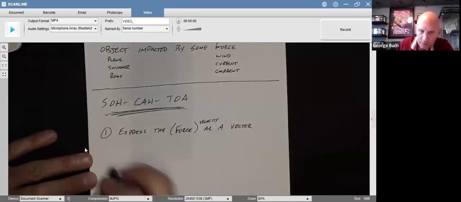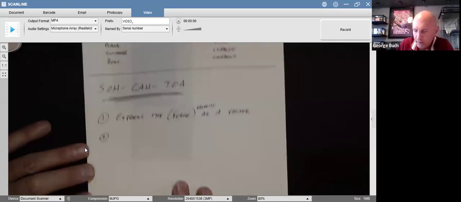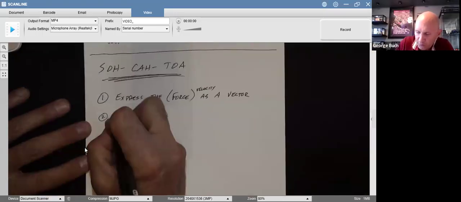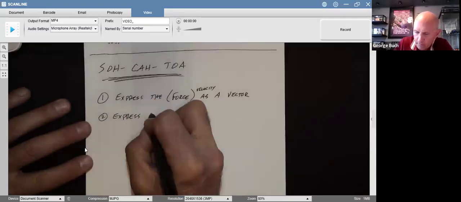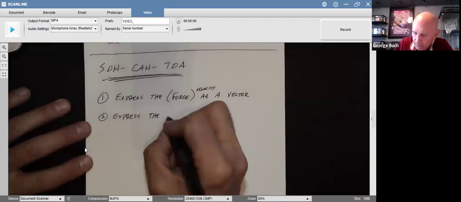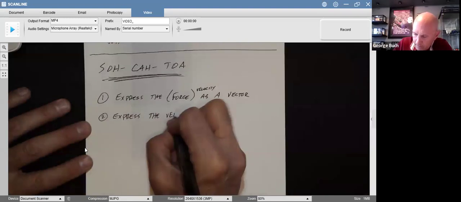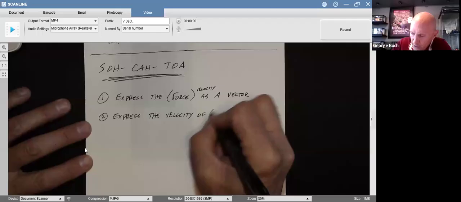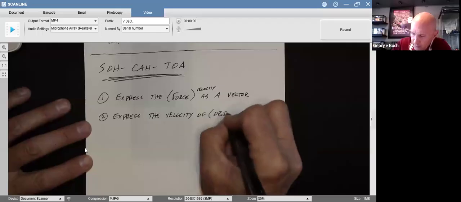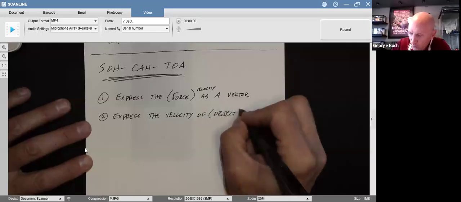Now the next one, and I don't know why it's worded this way, but it is. It'll say express the velocity of the object, so the plane, the swimmer, the boat, the fish, whatever.